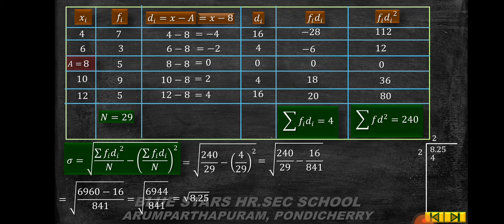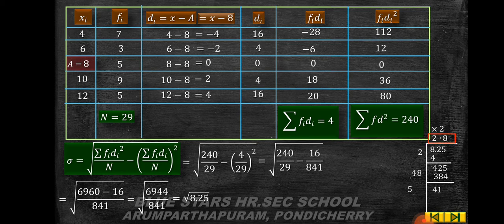So taking the square root of 8.25, 2 2s are 4, you get the remainder 4. So 2 should be multiplied by 2, you get 4. So put the decimal, step down the remaining two values. So 2, 5, 48 into 8, you get 384. So the remainder is 41.